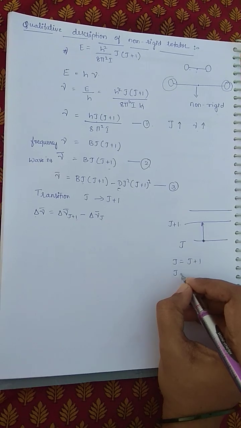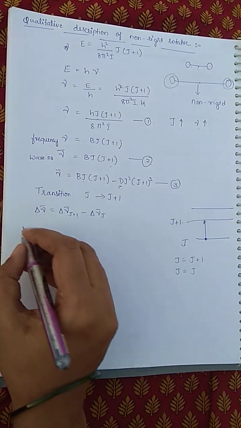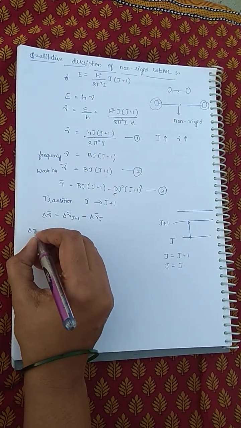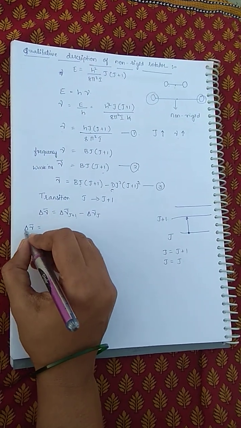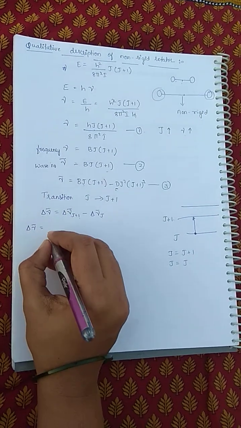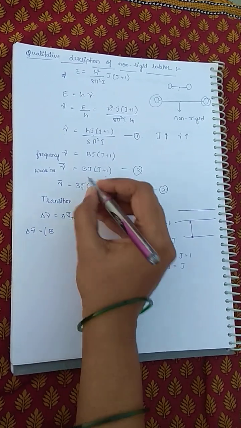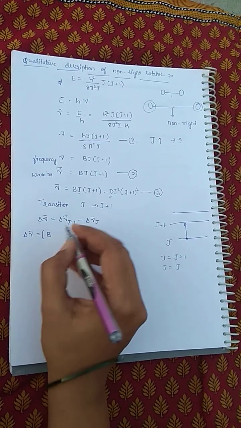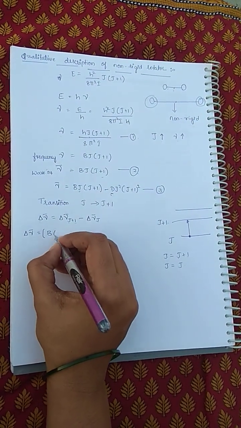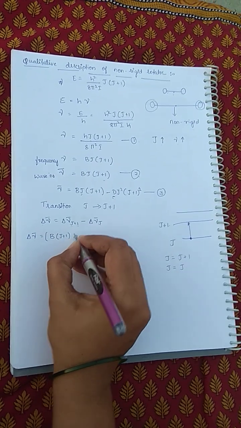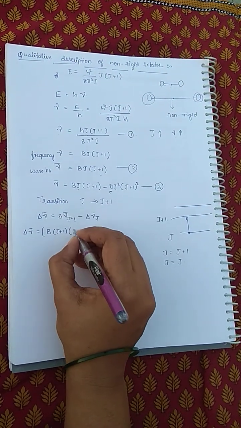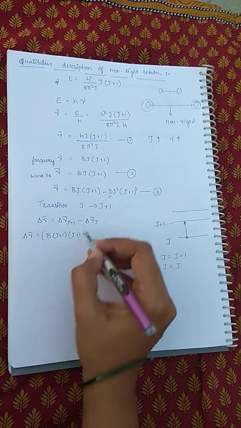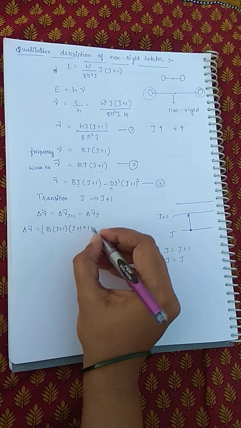In the second case, J is equal to J. So delta mu bar is equal to B, where instead of J we write J plus 1. In the other bracket, wherever J is there, that is J plus 1 plus 1.